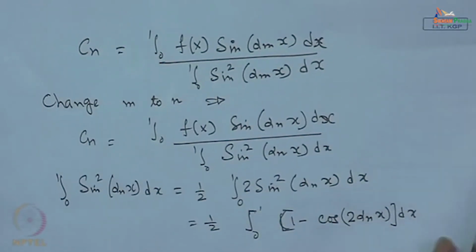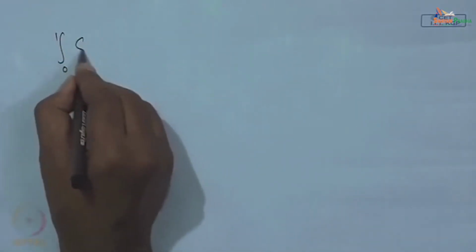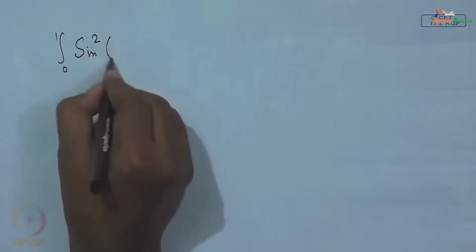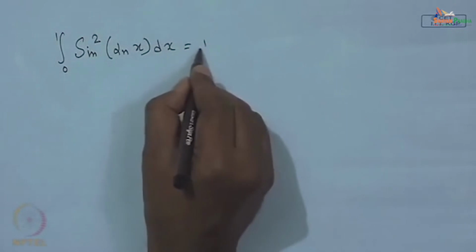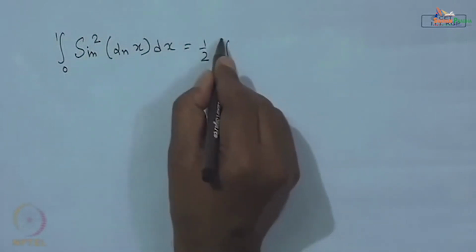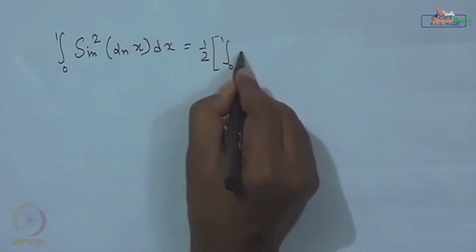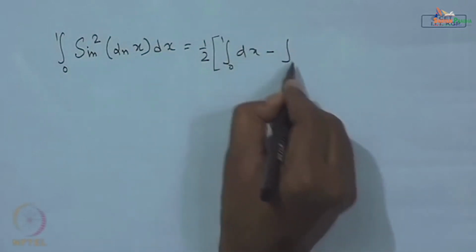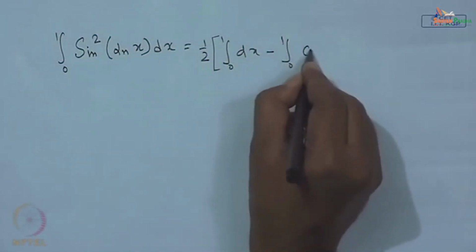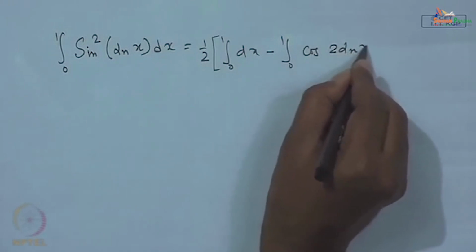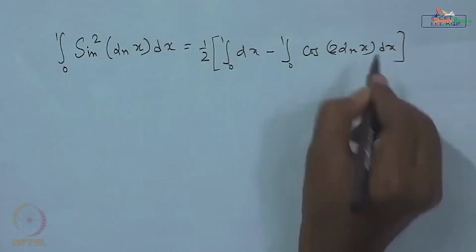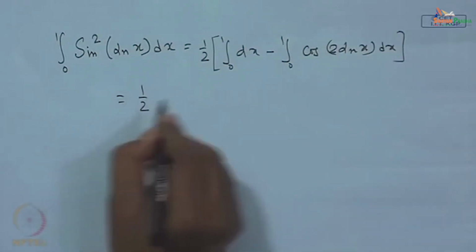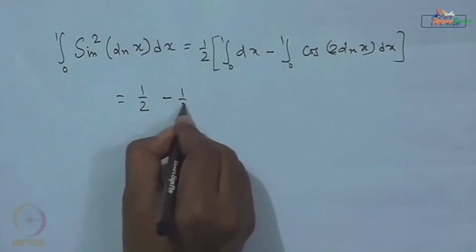So, we carry out this integral. The integral from 0 to 1 of sin square alpha_n x dx is nothing but half, the integral from 0 to 1 of dx, minus the integral from 0 to 1 of cosine 2 alpha_n x dx. So, this becomes half, minus half is there.